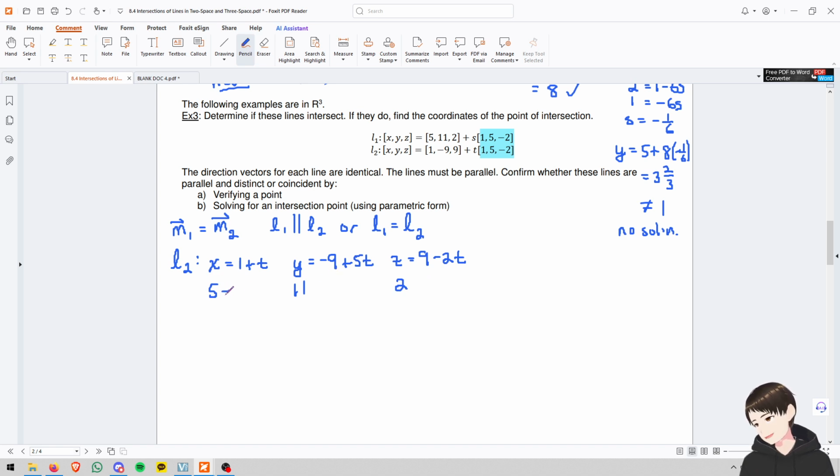So let's do it. If 5 equals 1 plus t, t must be 4. Well, do I get 11 when I plug in t as 4? Negative 9 plus 5 times 4, that's 20. Nice, I get 11.